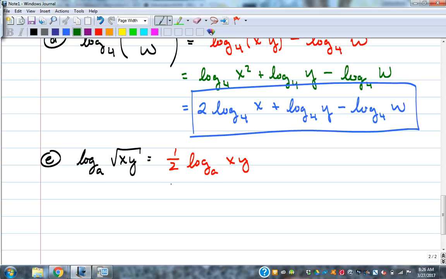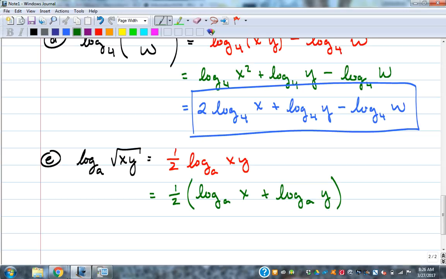It doesn't necessarily make a difference. Why did I put those in parentheses though? Yeah, it's 1/2 to both of them. So this is an acceptable answer.